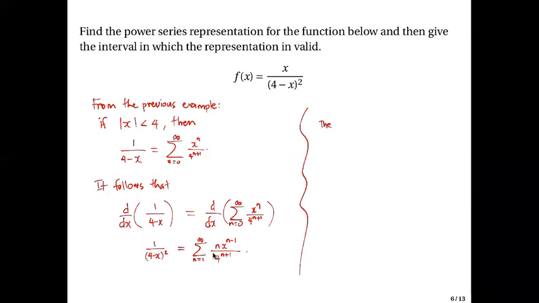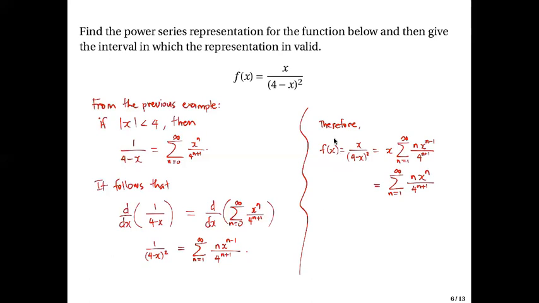So therefore, f of x, which is x over 4 minus x quantity squared, is equal to x times the series n x raised to n minus 1 over 4 raised to n plus 1, from 1 up to plus infinity, and this is just the sum, n from 1 up to plus infinity, of n times x raised to n over 4 raised to n plus 1.